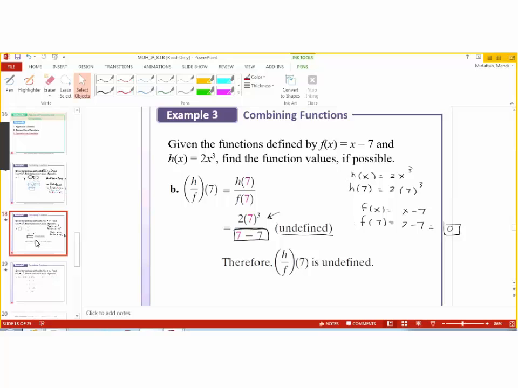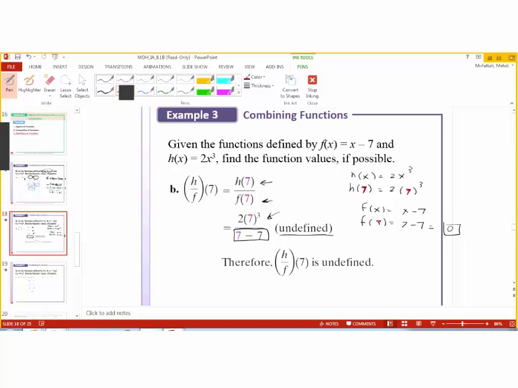Then we went to the next page. The only difference here would be division: h of 7 over f of 7. So you would have to find what h of 7 is. Again, you look at the h function and substitute 7 for each x. In only one place do you have x here.